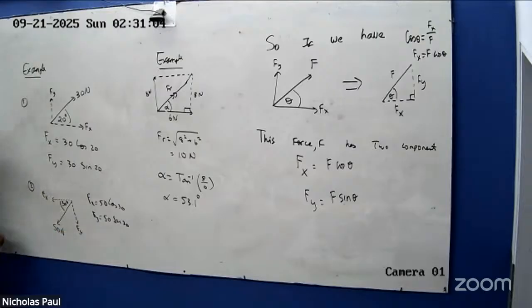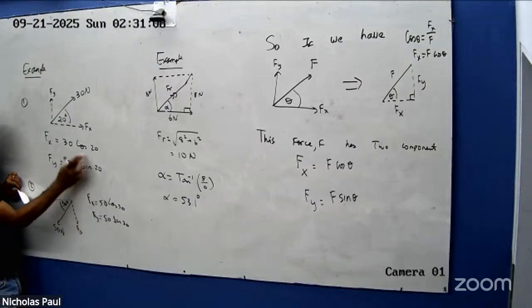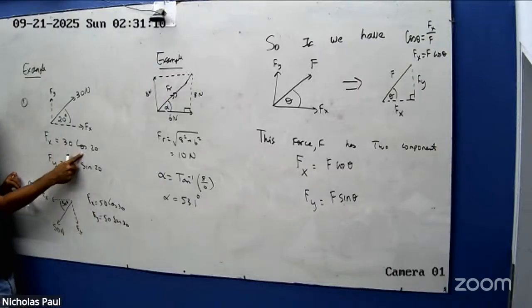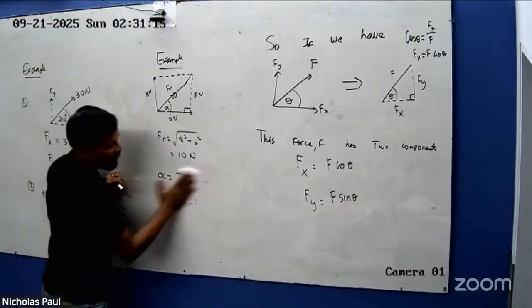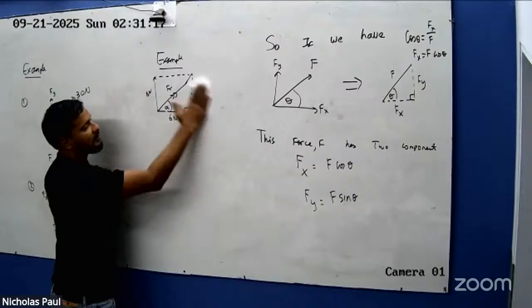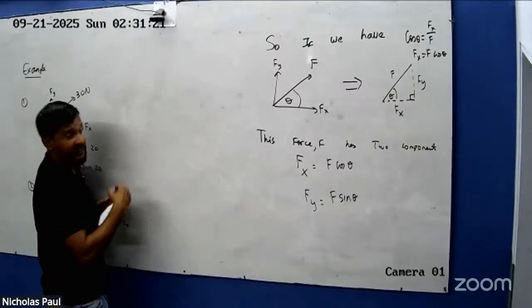So you might be asking, well, so far for every single question, Fx was cos. Why can't you just learn it like that? Let me show you why I don't want you to learn it like that. Look at this third version here.